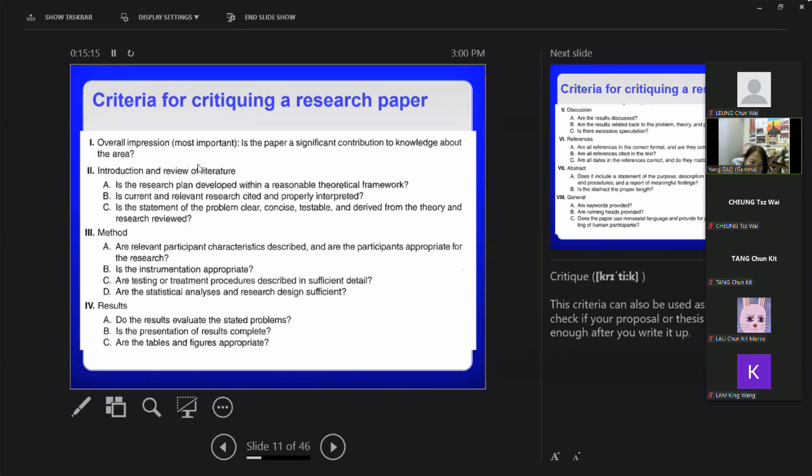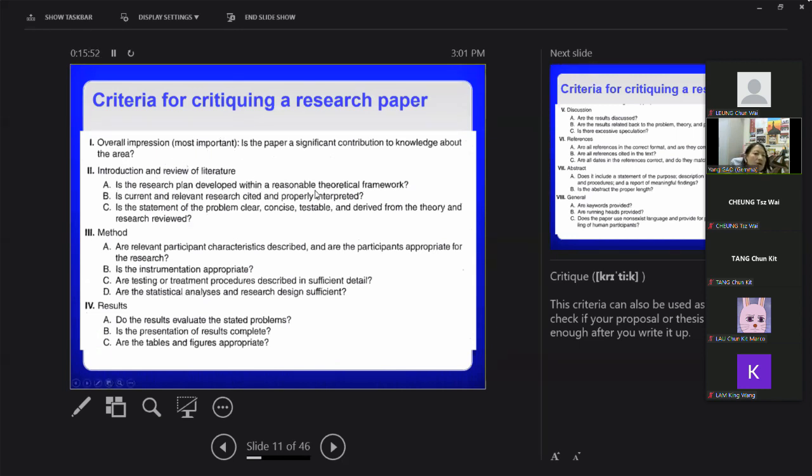So here are some criteria to make a judgment about the quality of a research paper. When you read the article, you may always consider the following. Besides their usefulness to guide you in reading papers, they are also very useful when you write up your research proposal or your research thesis.